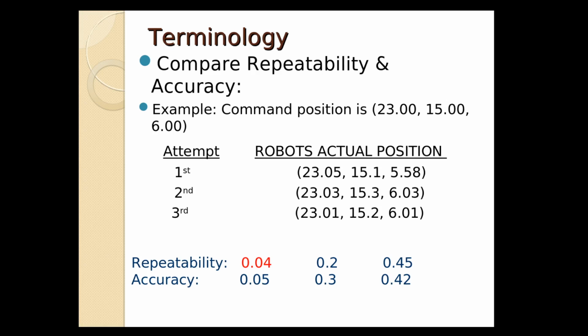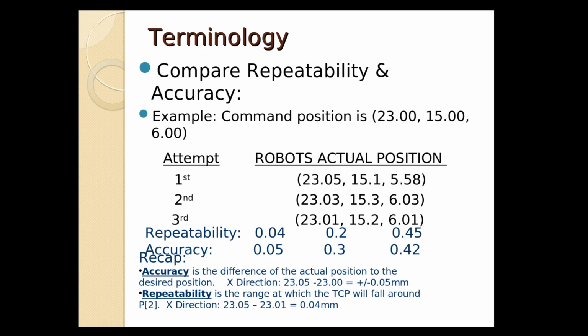And then we can also see what the repeatability of that robot is. Okay, so again, repeatability is how accurate we are within multiple times. Accuracy is how far we are from the actual position we wanted to be, and precision is how many decimal points we take it out to.